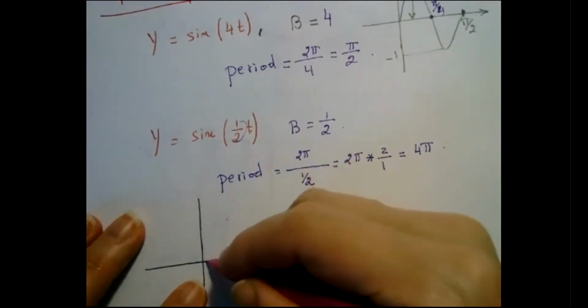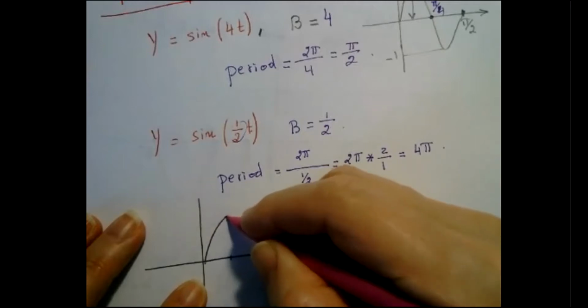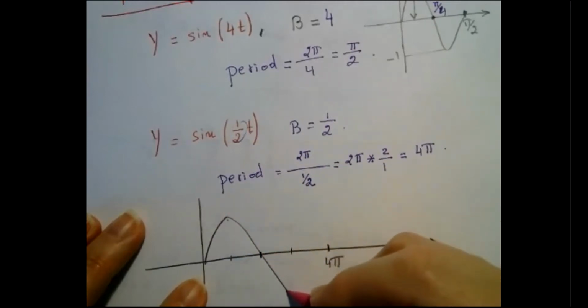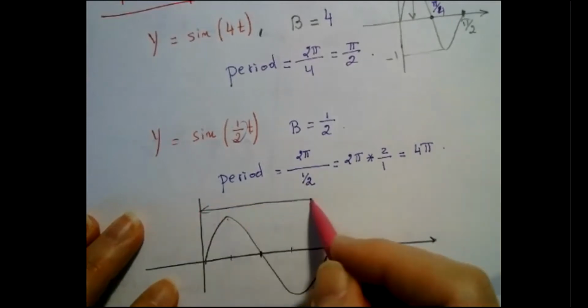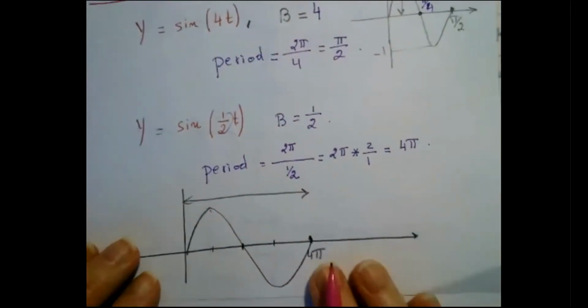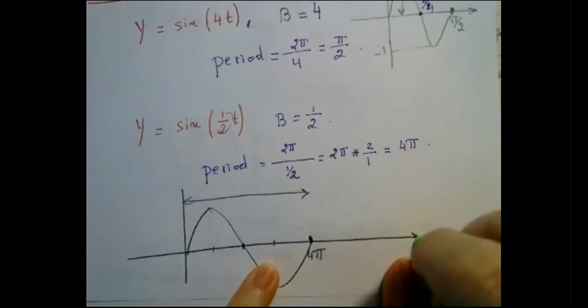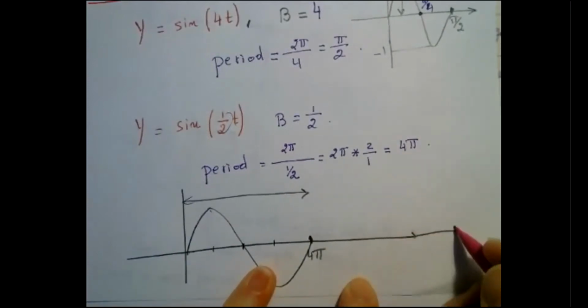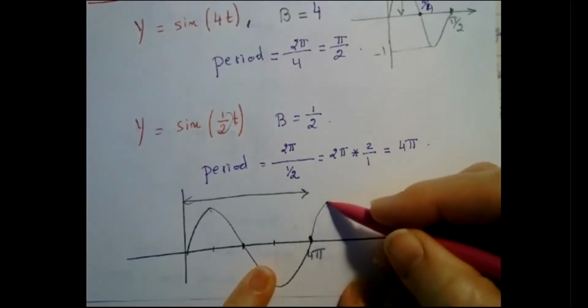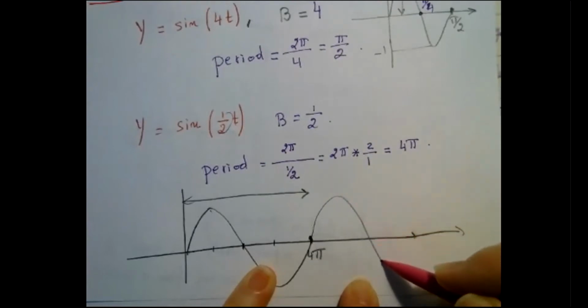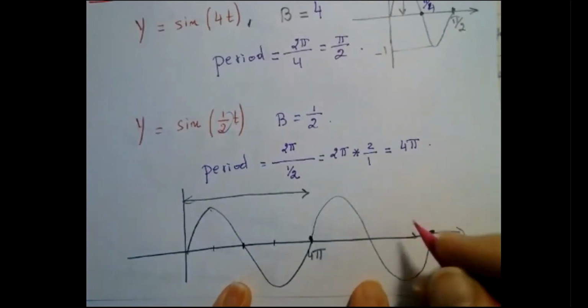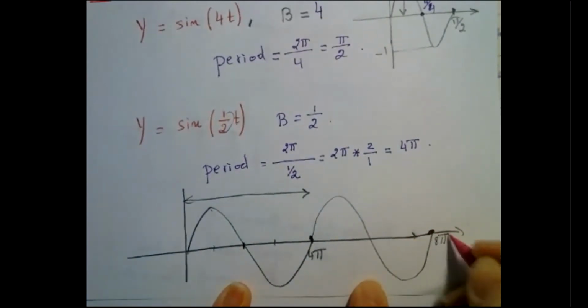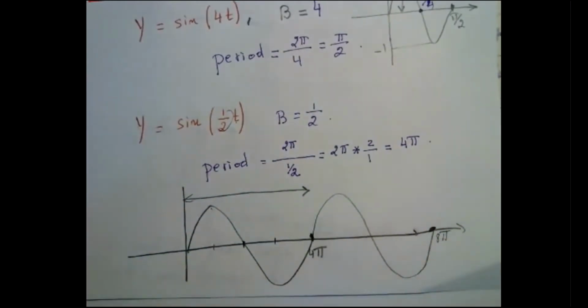It peaks here, that's the top, then goes down to the valley, and that's 1 period. If I want to graph it over 2 periods, I repeat my graph verbatim, and this should be 8 pi.